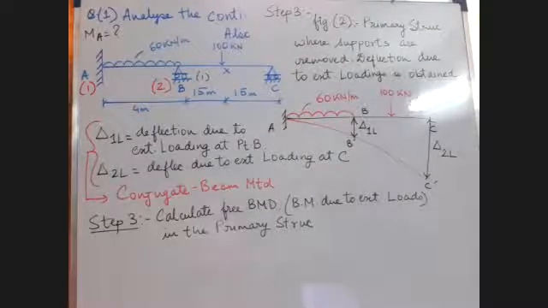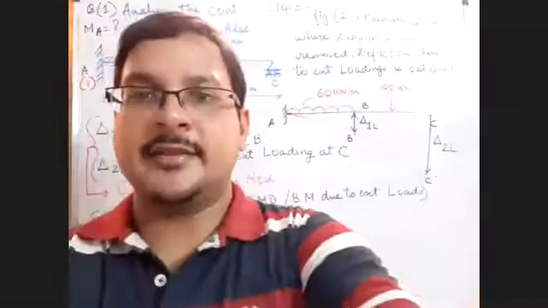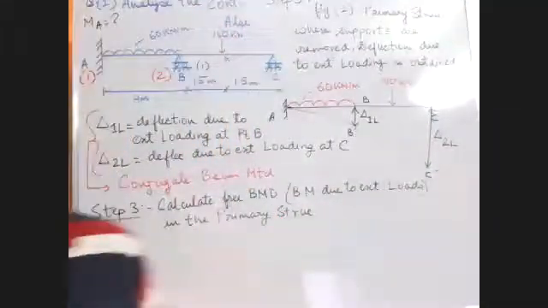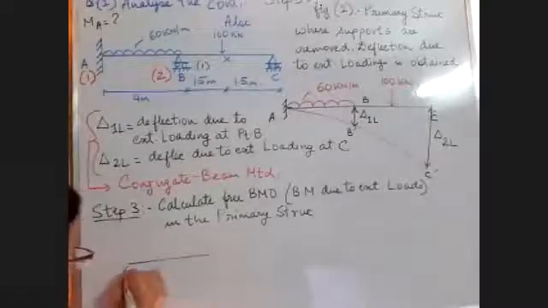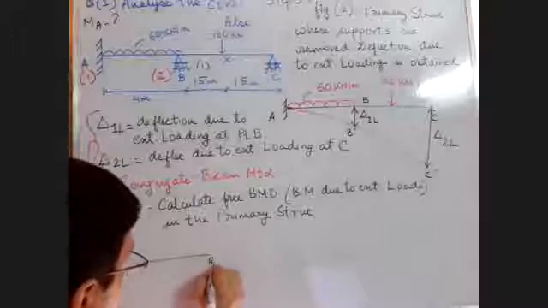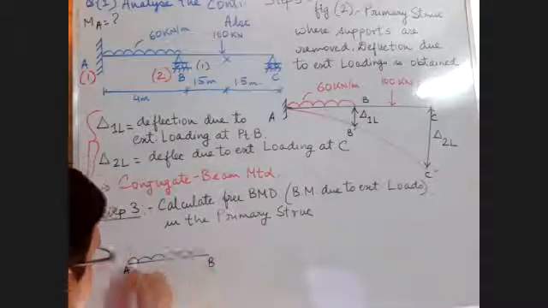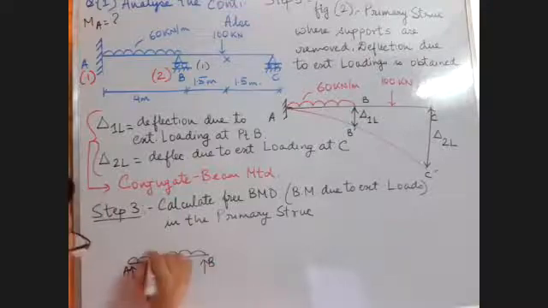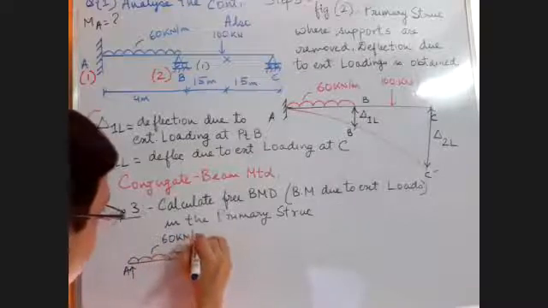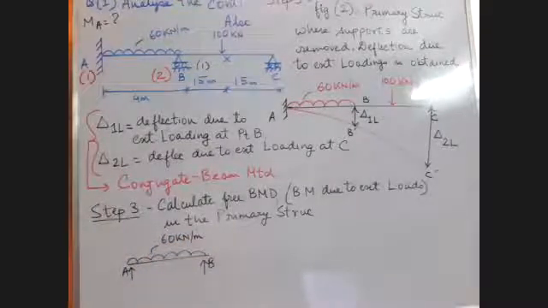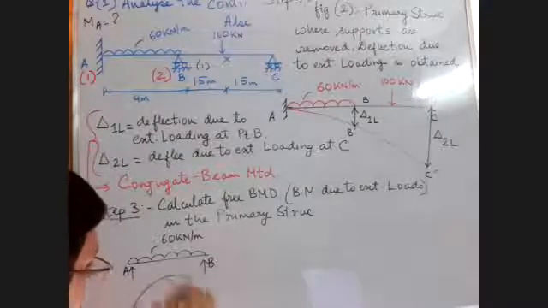So what is the primary structure? Primary structure means statically determinate structure. So I will convert this ABC into separate beams. AB is under UDL, 60 kilonewton per meter, so the bending moment will be WL square by 8.